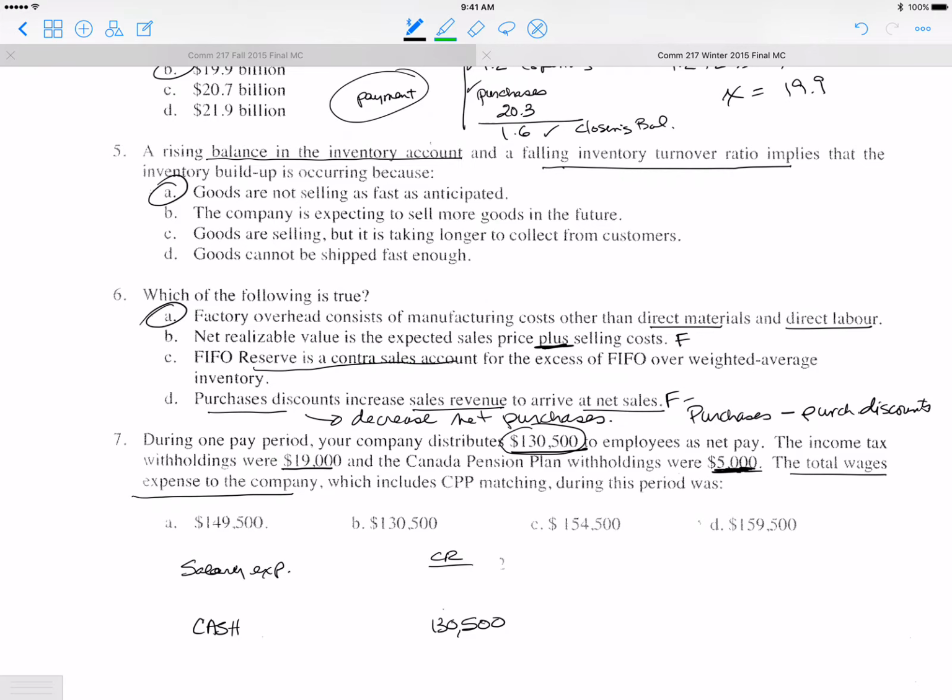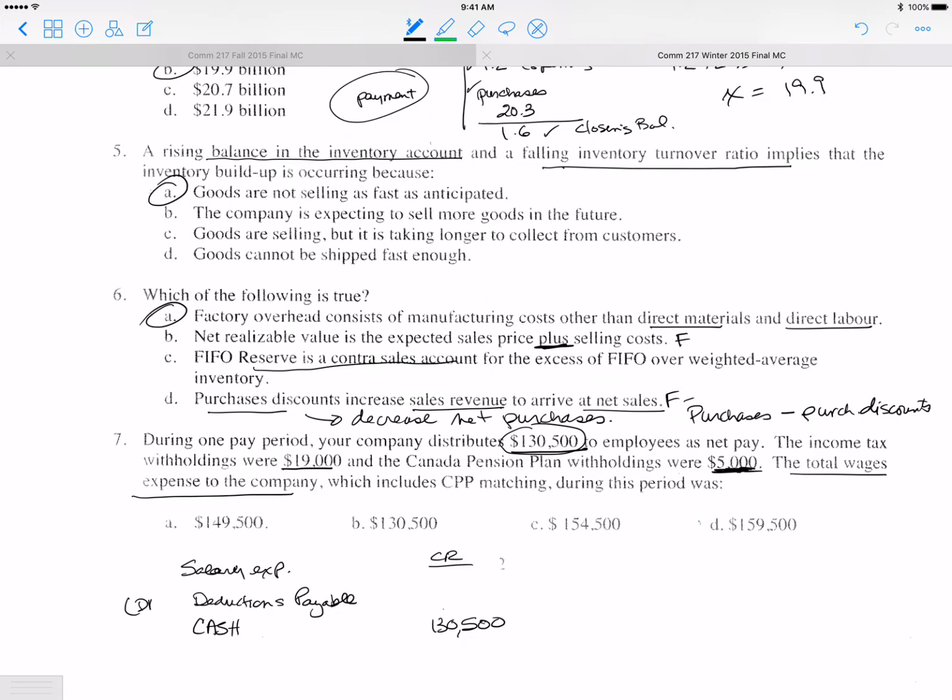So I'm looking for my salary expense. The income tax withholdings were $19,000, so I would have withheld this from the salary, and it creates a liability for the organization until it remits that $19,000 to the government. So we have, let's call it deductions payable.